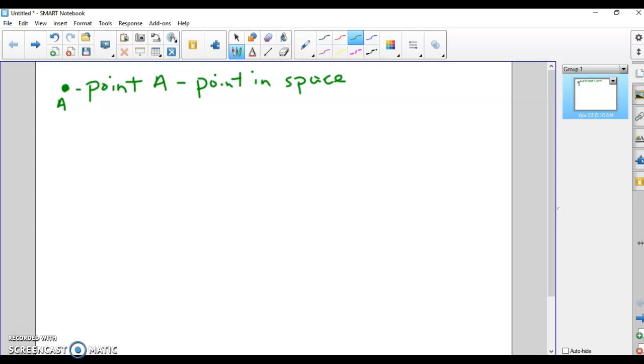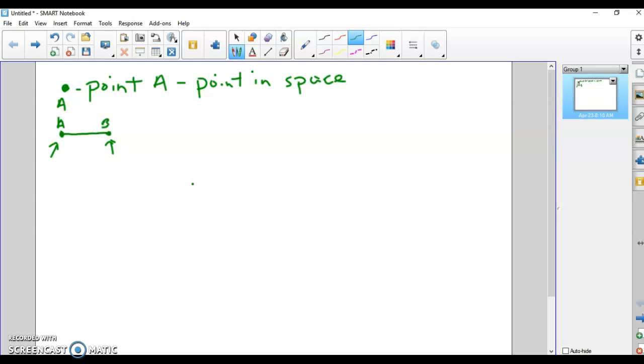So moving on from points, we have something called a line segment. Now, a line segment has two endpoints. I'm pointing to them now. It doesn't go infinitely in one direction. It stops. So it starts at one point and ends at another point.